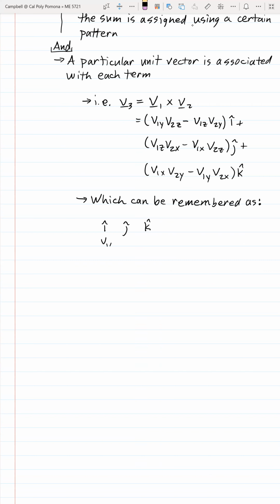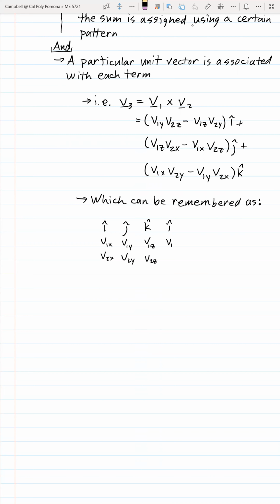Then we have V1x, where V1 is the first, and that is an important thing to note, the first vector in the cross product. And we have V2x. Let me write x there a little better. V2y and V2z. And then you go ahead and just rewrite the first 2 columns at the end here.